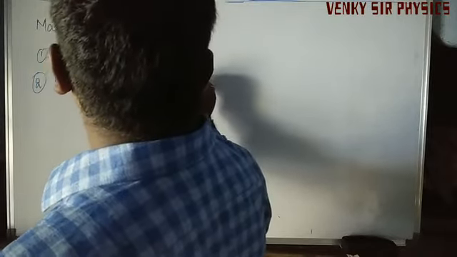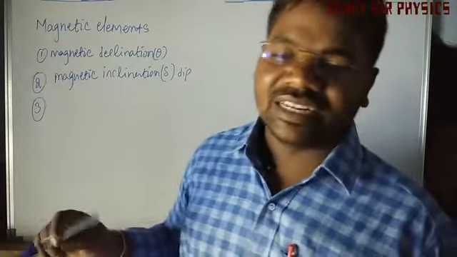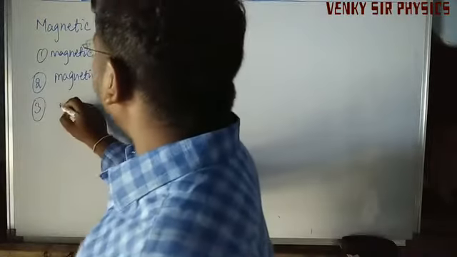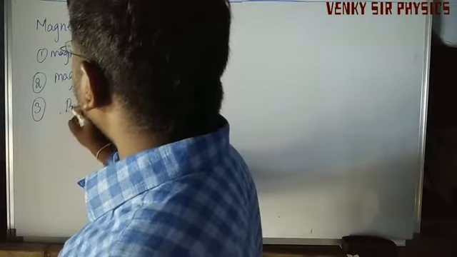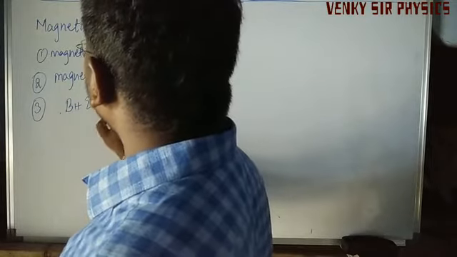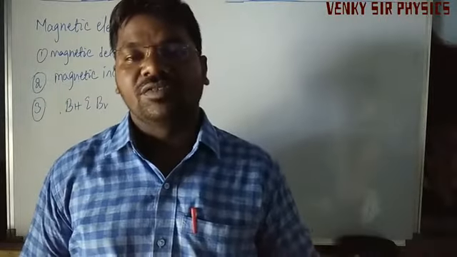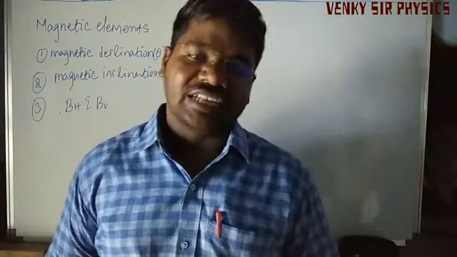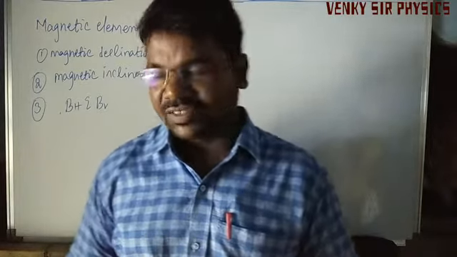We also call it dip angle. Third one, horizontal and vertical earth magnetic components, BH and BV, the horizontal and vertical components of the earth's magnetic field.